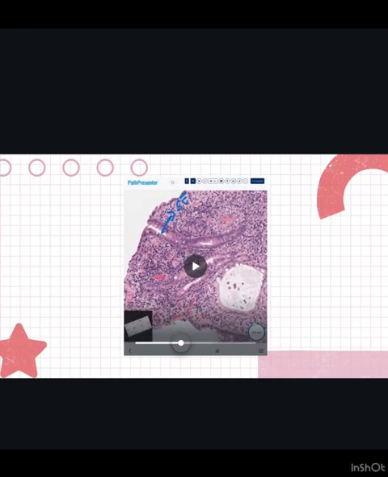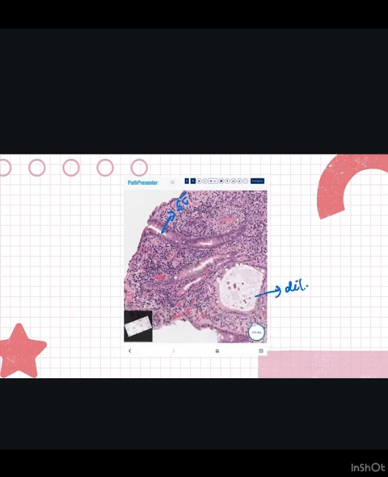Some of the colonic glands are also expanded. That is, these crypts are appearing a little bit dilated. So here you have dilated crypts, increased inflammation in the lamina propria, and granulation tissue.